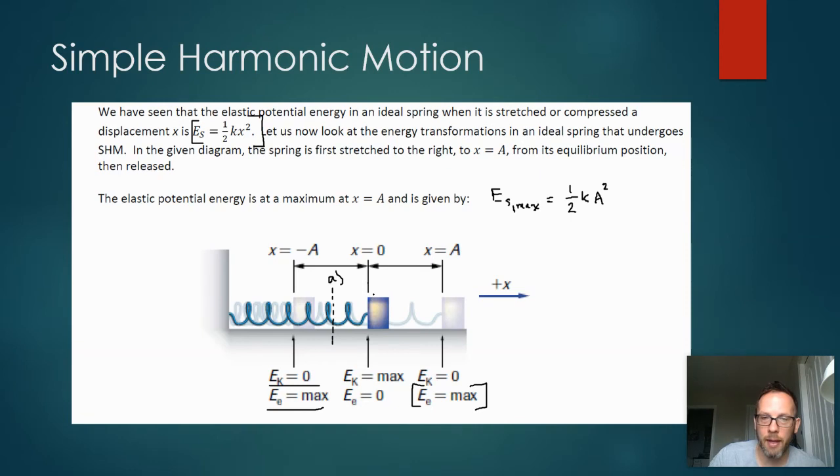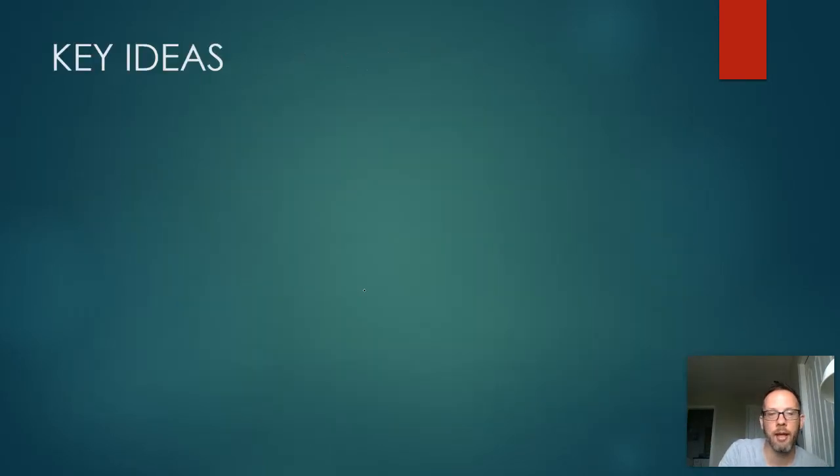But now in part B, we're looking at the maximum speed. And what would the compression on the spring be when we have that maximum speed? It's 0. So if you want to draw a diagram like that for this question, you can.